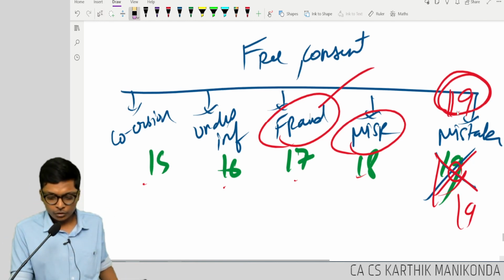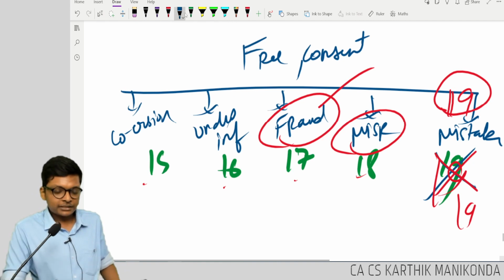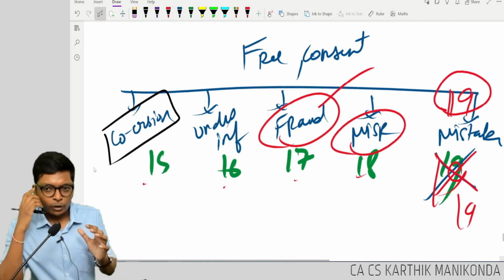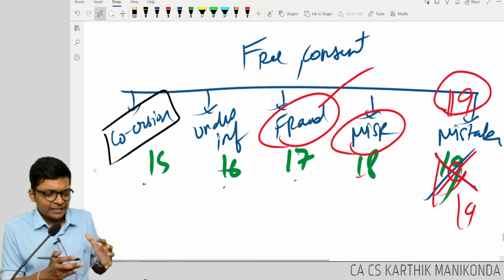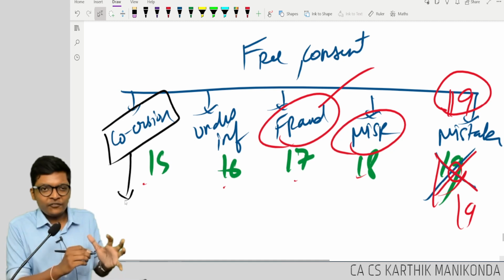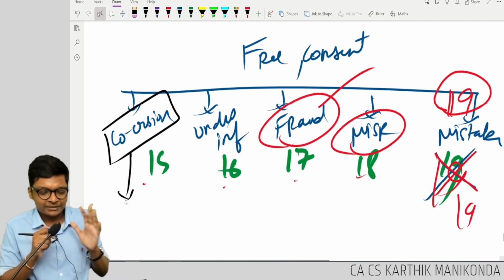Clear? Okay. Next, I'm sure all of you know what it is. I'll tell you which concept is important here. Coercion, you all know. Will it come as a separate question? There is nothing to write here, but there is a definition. In the regular class we can go through that, but it is simple.